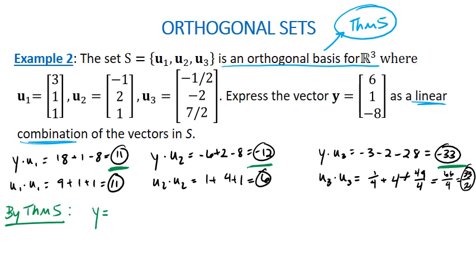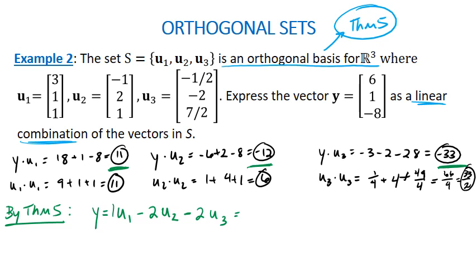Okay, so the first one is 11/11, which is 1 times u1, plus, then here I have -12 divided by 6. That gives me a -2, so maybe instead I'll write -2u2. And then I have -33 divided by 33/2. That gives me a -2u3.